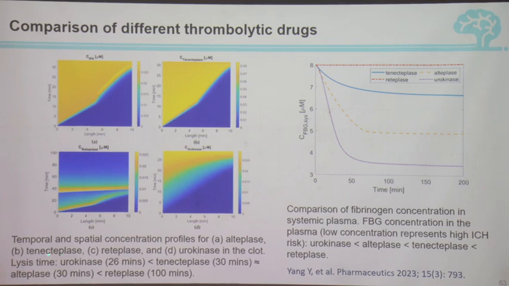Then there are other drugs, like the old ones, including urokinase, and then reteplase. And tenecteplase is a new drug. In fact, tenecteplase was only approved early this year by the FDA for treatment of stroke. So when we published this paper, it had not been approved for clinical use just yet for treatment of stroke.